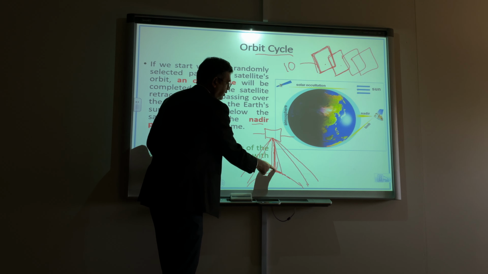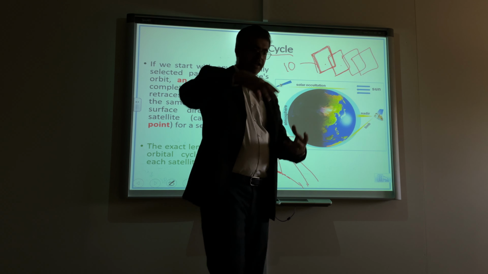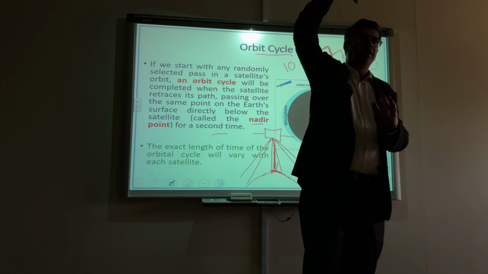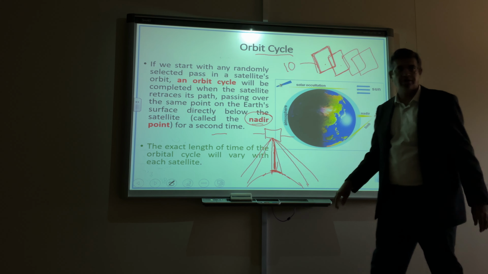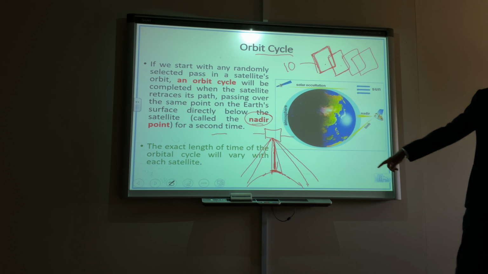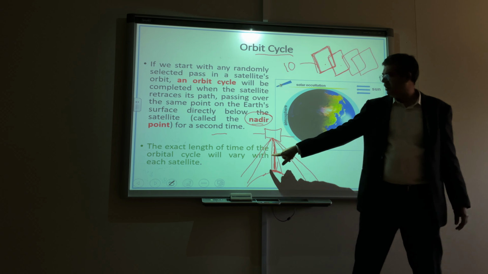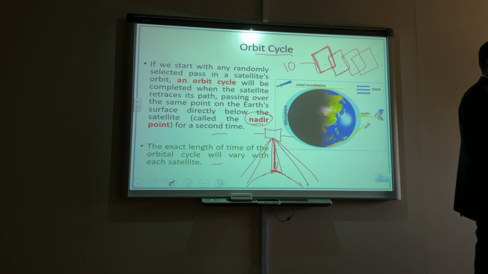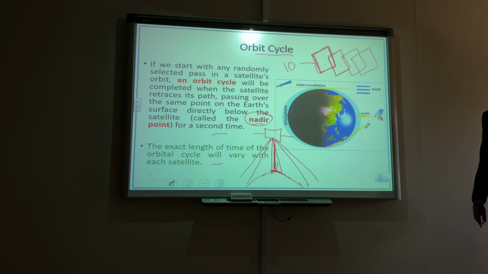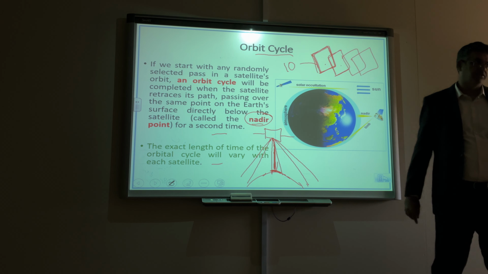So this position of the sensor or the satellite, when it is directly above the Earth's surface, is called the nadir point. The exact length of the orbital cycle will vary with each satellite. It will depend on the satellite, and also on the speed of rotation and the altitude of the satellite above the surface of the Earth.